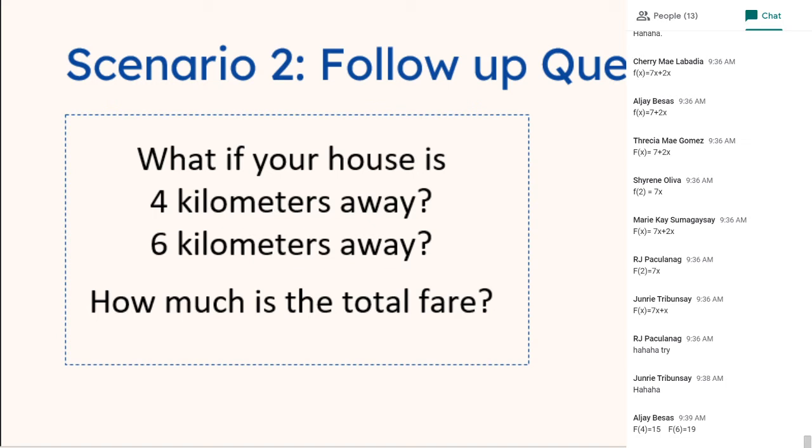Okay, same. So, pareho-pareho ang answer. Mari Kay Sumagaysay, 15 and 19. Junri Tribunsay, 15, 19. Sir Yen Nabalitan, 14, 19. O, lain siya kay Sir Yen. Okay? 14 kag 19.